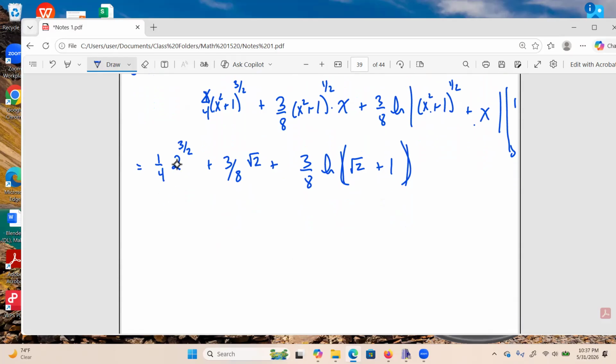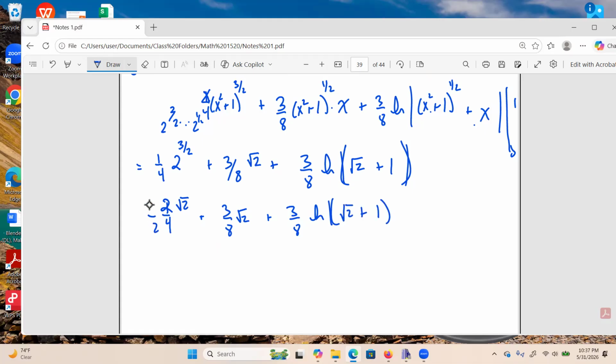So we're going to say that this 2 to the 3/2 power is going to be 2 to the 2/2 times 2 to the 1/2, that would be 3/2. So 2 to the 2/2 is going to be 2. Okay, so we have 1 over 4 times 2 square roots of 2, plus 3 over 8 square roots of 2, plus 3/8 natural log of, let's do parentheses, square root of 2 plus 1.